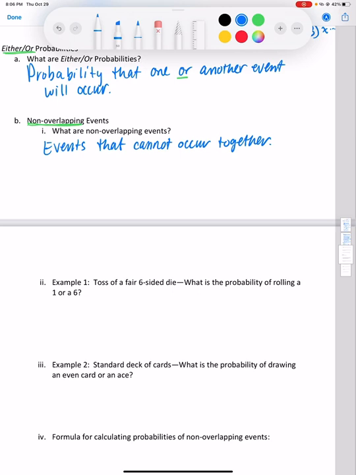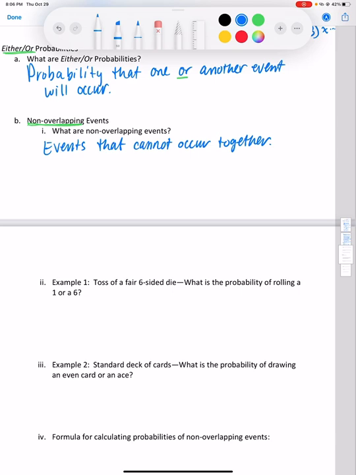For example, if you take a 6-sided die, what is the probability of rolling a 1 or a 6? They can't occur together. Your die is going to reveal one or the other as a result.